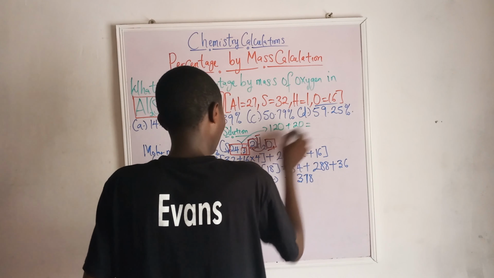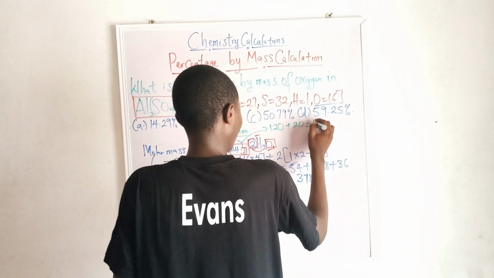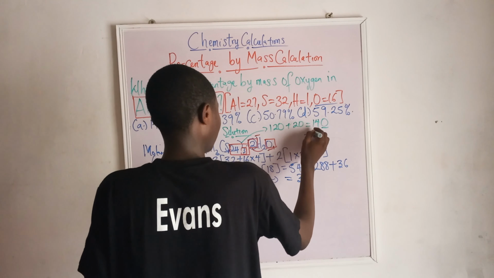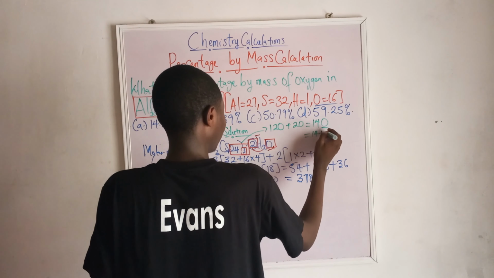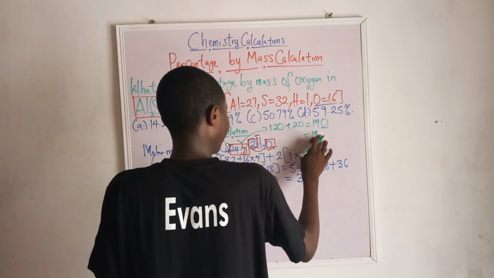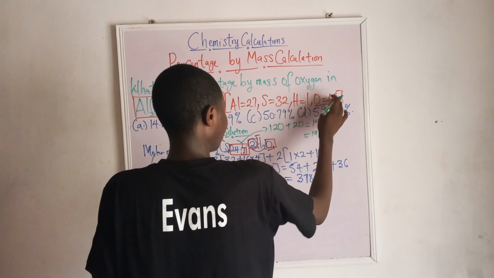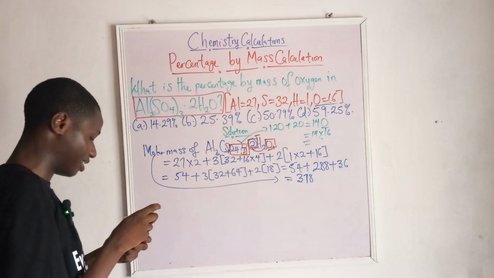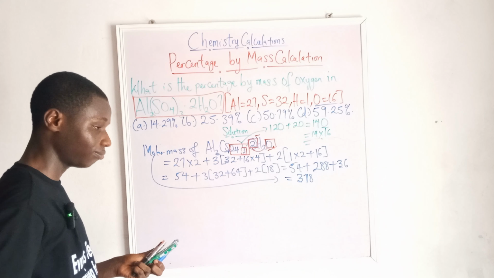So how many oxygen do we have total in the whole compound? We have 14 oxygen. So now what is the molar mass of oxygen? The molar mass of oxygen is 16. So you just use your calculator, then you get the answer.